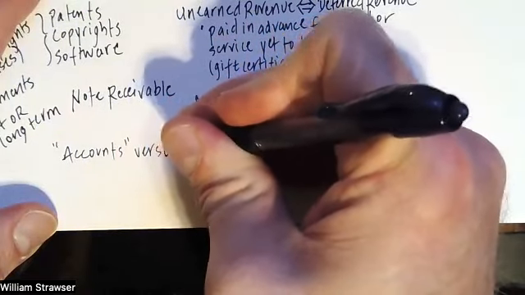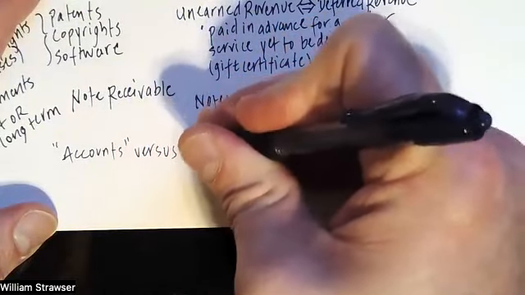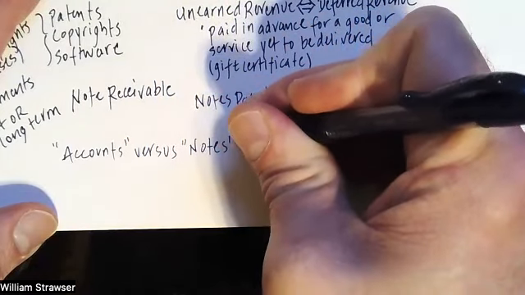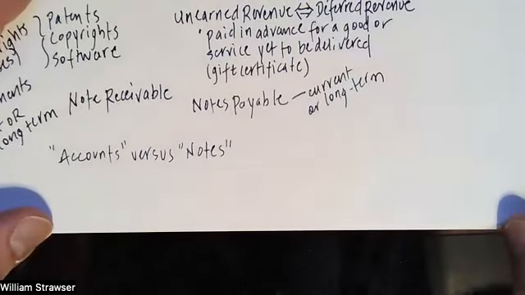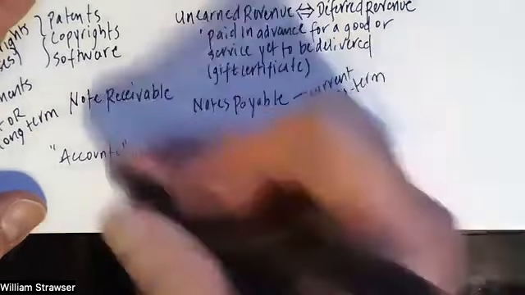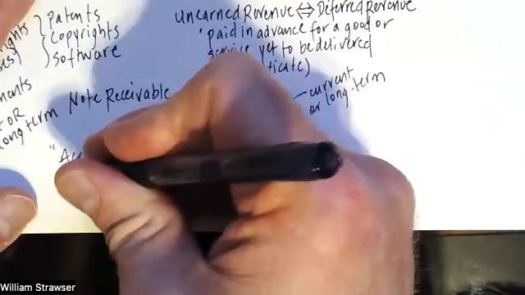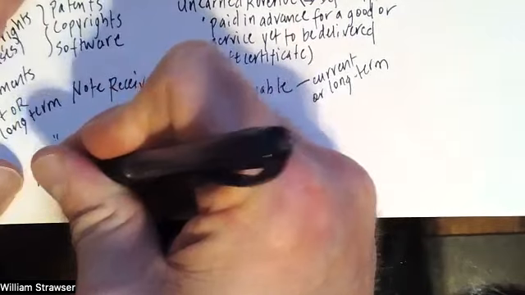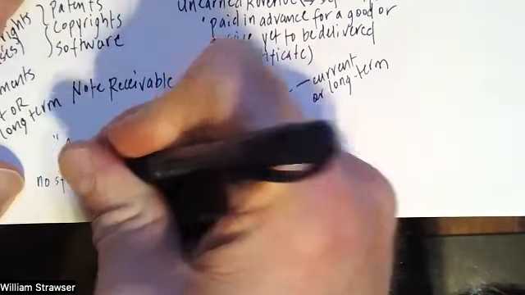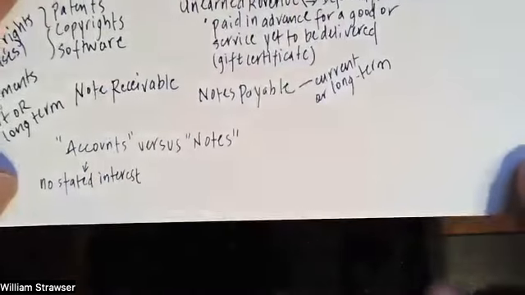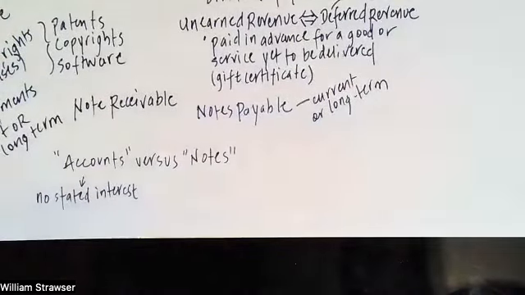They're both amounts of money that are owed if they're payables, or due to us if they're receivables. Accounts tend to have no stated interest. There are no interest rates attached to them.